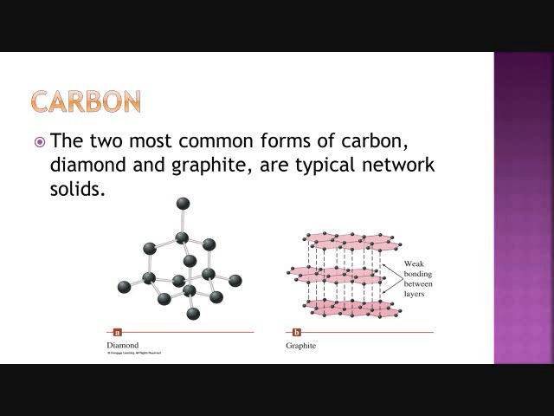It goes up and down like this just because of how it's drawn, but the bonds would actually be in between each layer, like this. Graphite is what you're writing with your pencil right now, and that's pretty weak because you can break it, and when you leave a mark on your paper, you're leaving sheets of carbon on your paper.